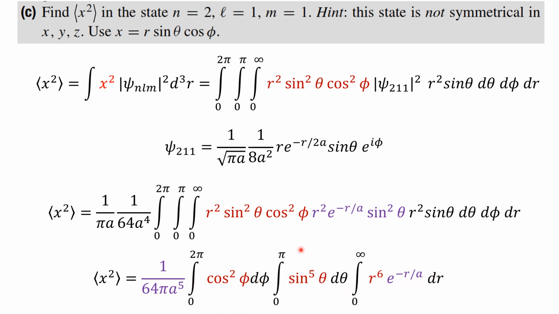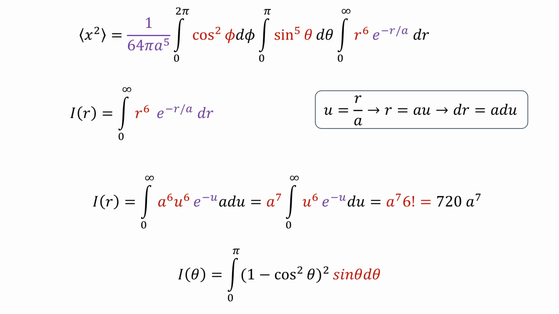Now we will see this integral. After the separation of variables, we got this expression. First, we carry out the radial part of the integral, which I labeled as I of r, which is equal to integral 0 to infinity r power 6 e power minus r over a dr.